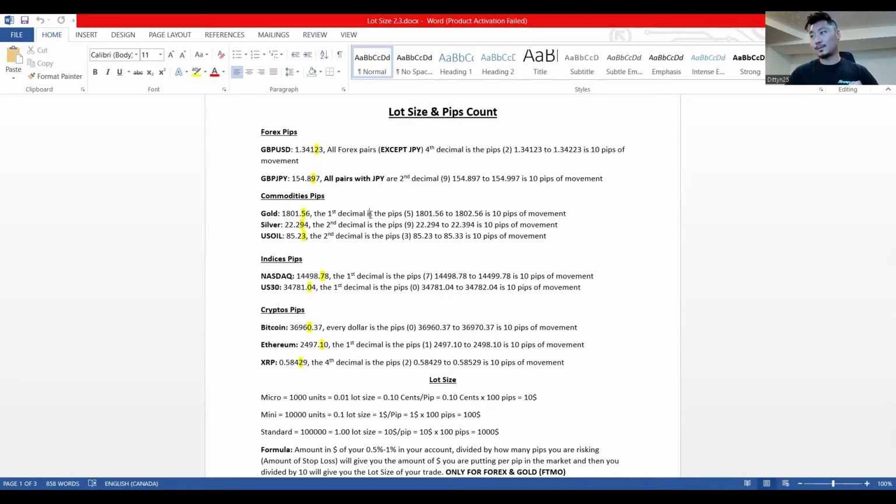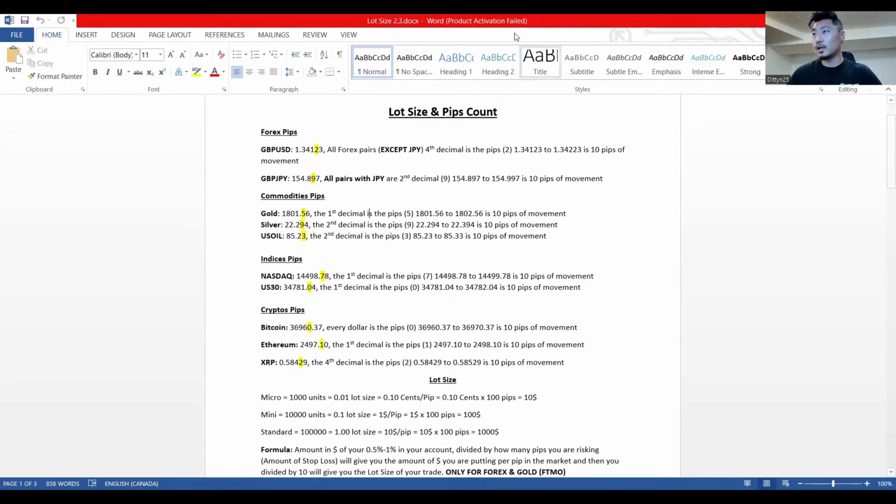So take notes. Every dollar of movement of gold equals 10 pips. For gold, Ethereum, US 30, NASDAQ, right? We're gonna dive into indices after that. But for gold, Ethereum, NASDAQ, US 30, every dollar of movement equals 10 pips.